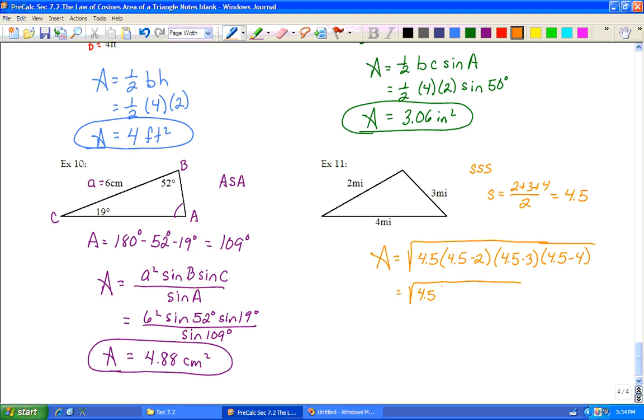So that's 4.5 times 2.5 times 1.5 times 0.5. Multiply those all together, take the square root, and we end up with our area for this triangle being 2.90 miles squared. So the key thing here: identify what you have, pick the right formula, and substitute in.